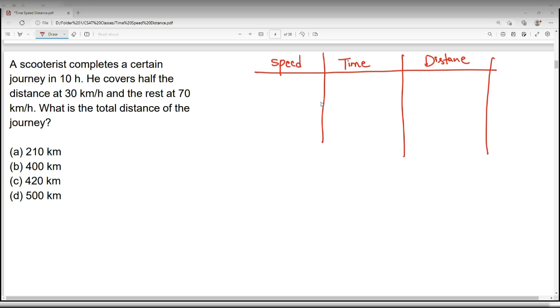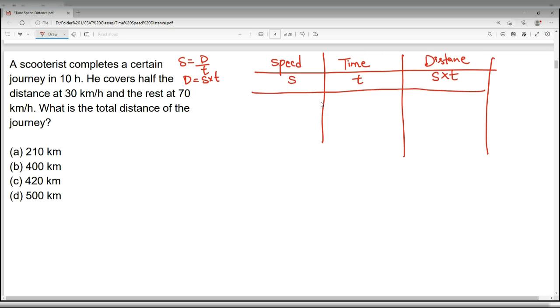In these kind of questions, we take S, T, and D, where D is S into T. Speed is equal to distance upon time, and distance is equal to speed into time. That is what we have done here. This is how we write the table. Let this be here as an example.